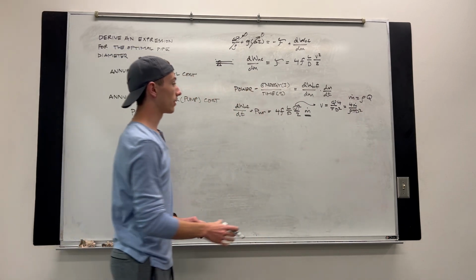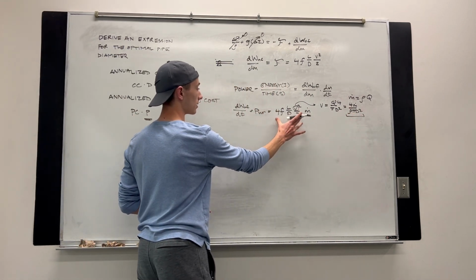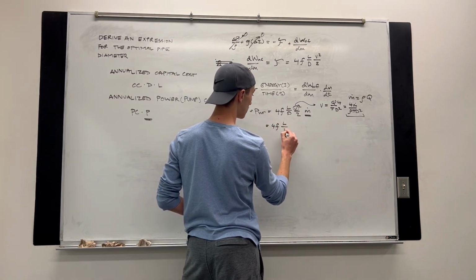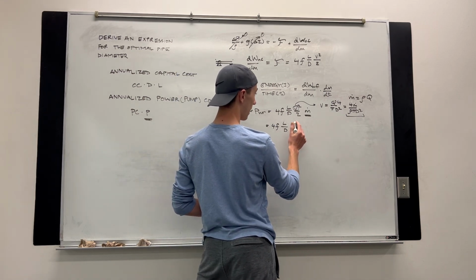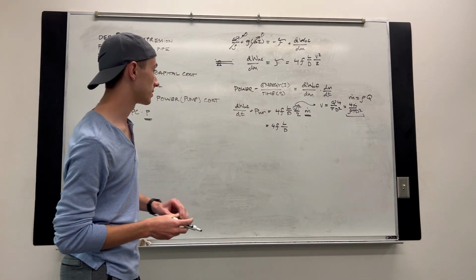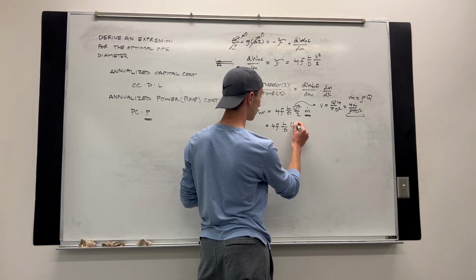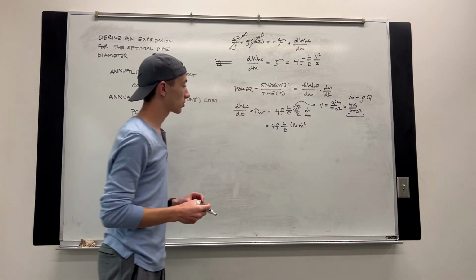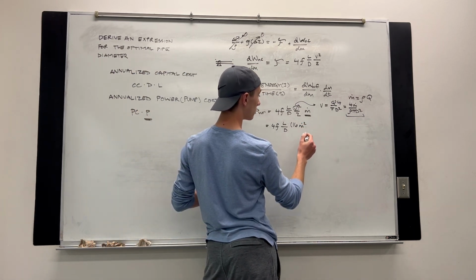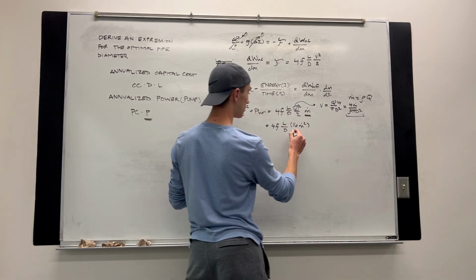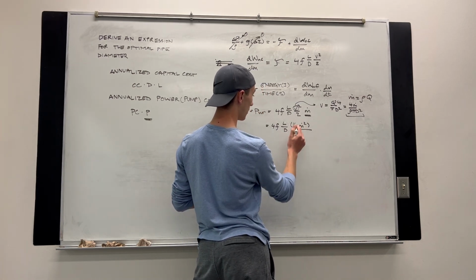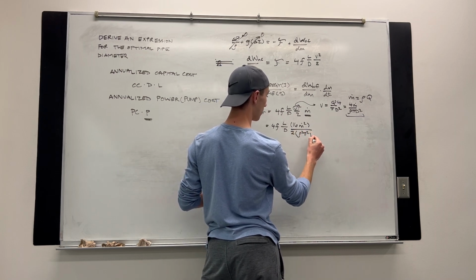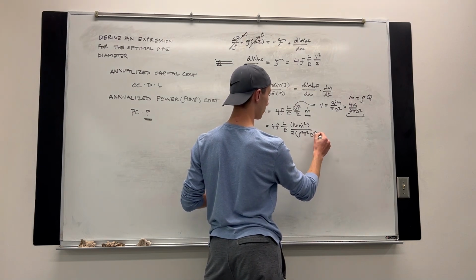Now we can plug this back into our expression for power. We get 4f L over d. Then I'm going to try and do this all at once: 4 squared is 16, then we've got our mass flow squared, divided by our 2, and then we have rho squared, pi squared, and d squared squared, which is d to the 4th.